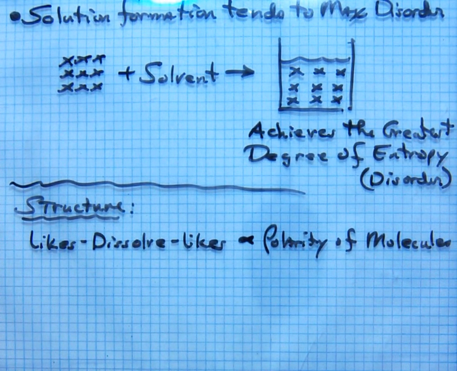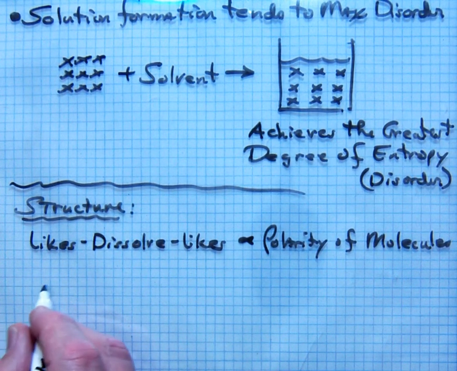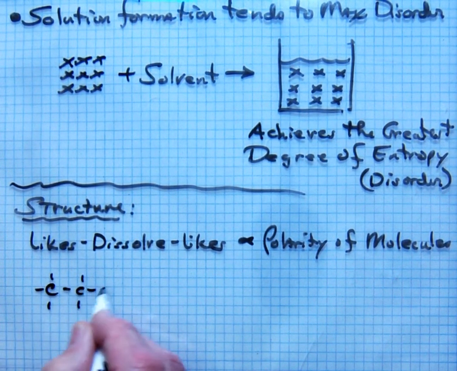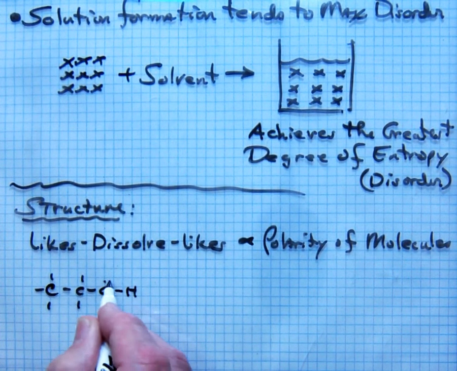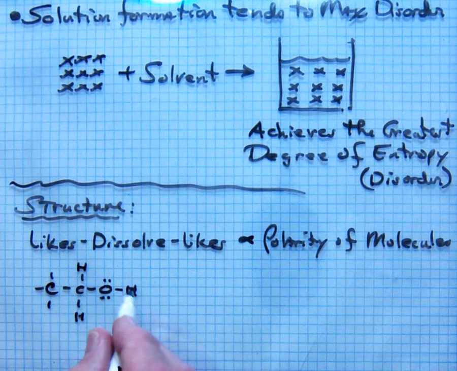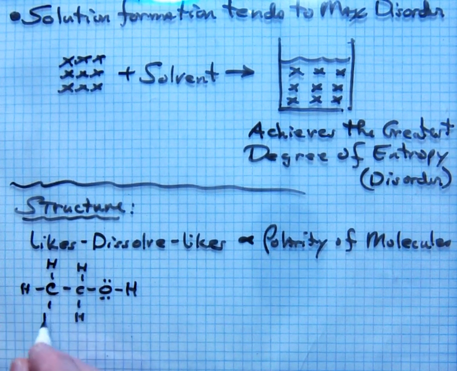About polarity of things. One of them is alcohols dissolving in water. Good old down-home ethanol, for making alcoholic drinks, has a structure that looks like this. There's an ethyl group and a hydroxide and hydrogen in here, like this.